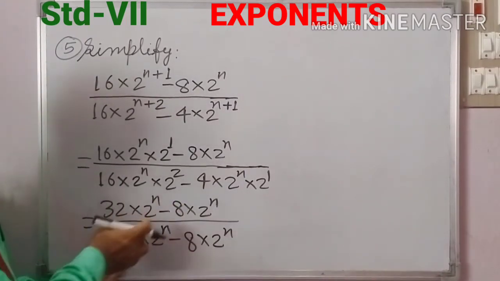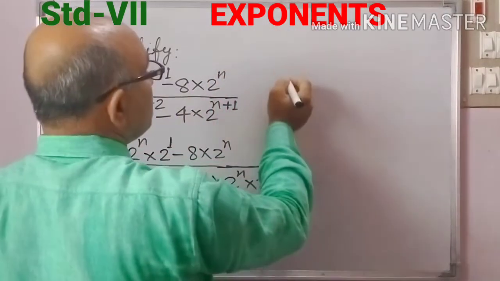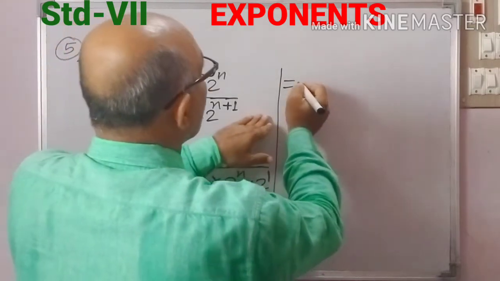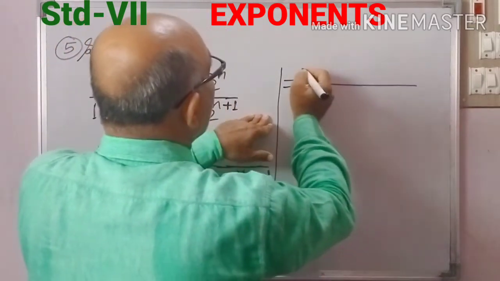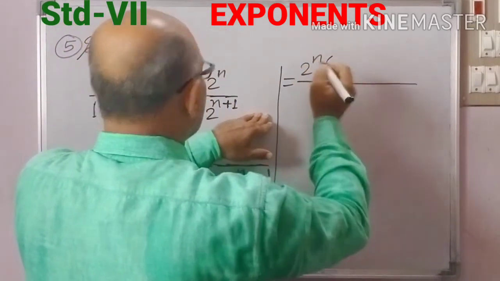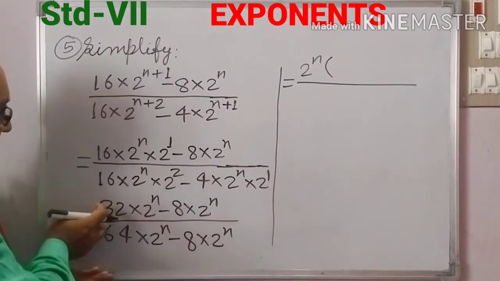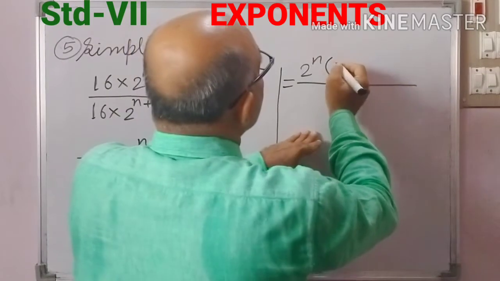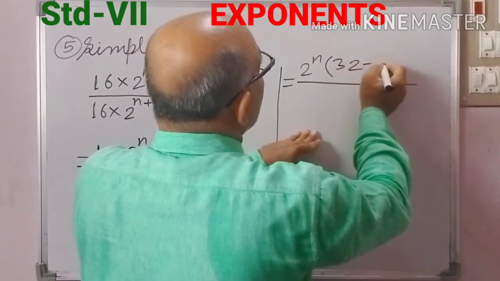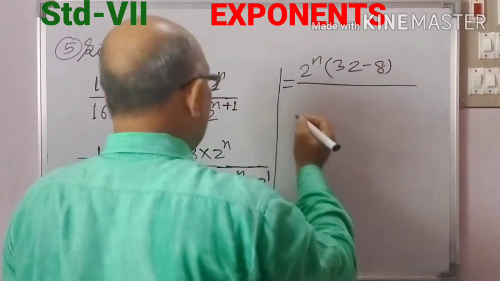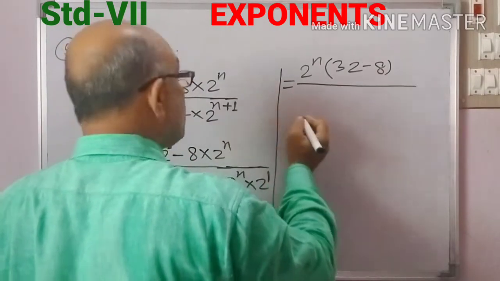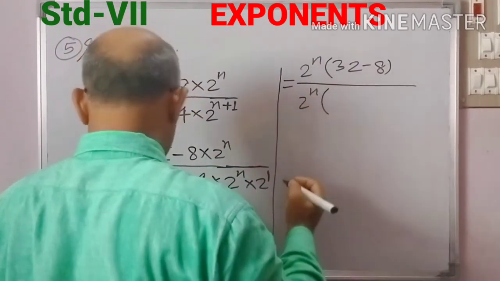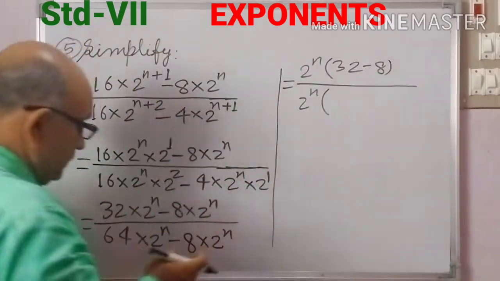Now 2^n is common in the numerator. Then 32 minus 8. The denominator also has 2^n common.